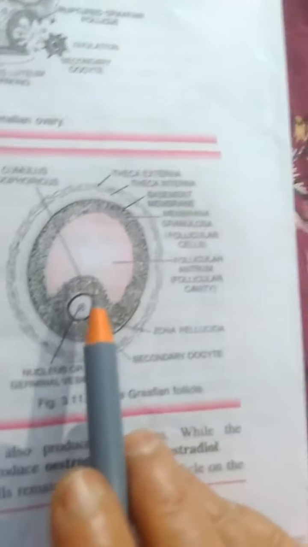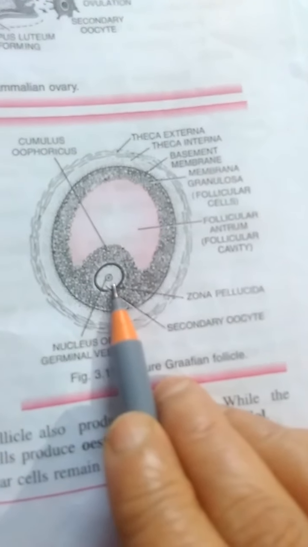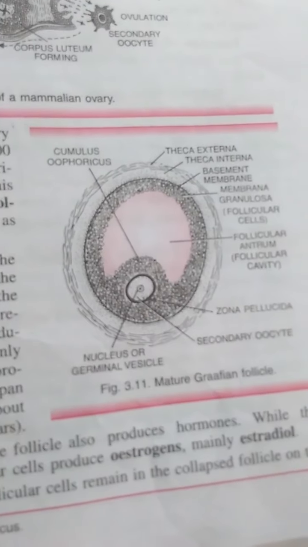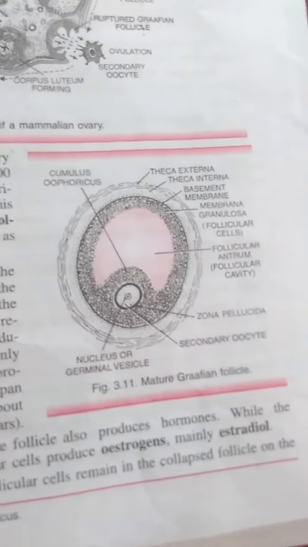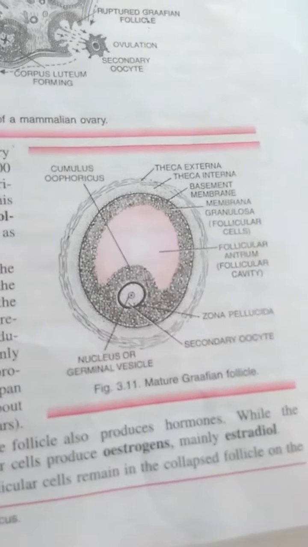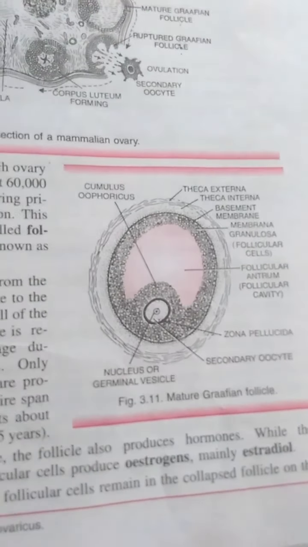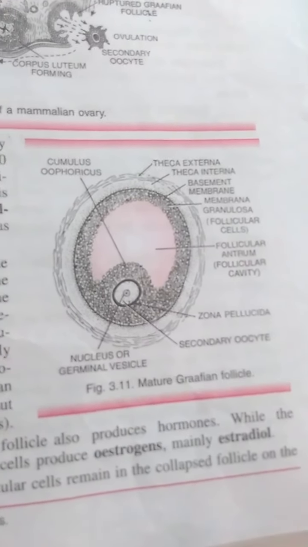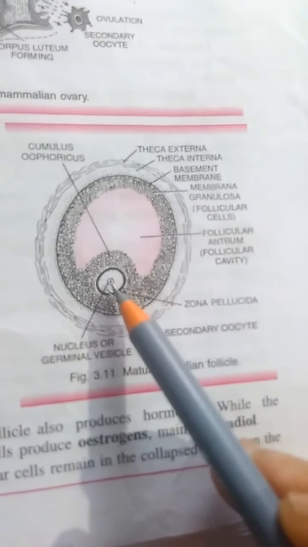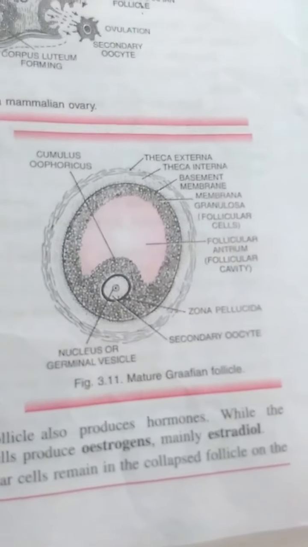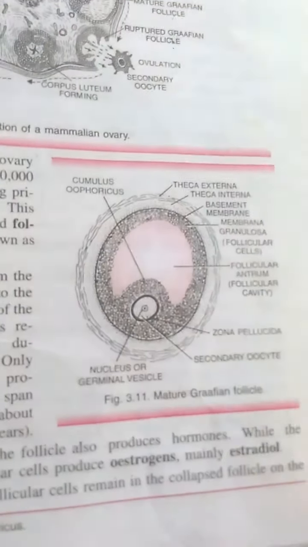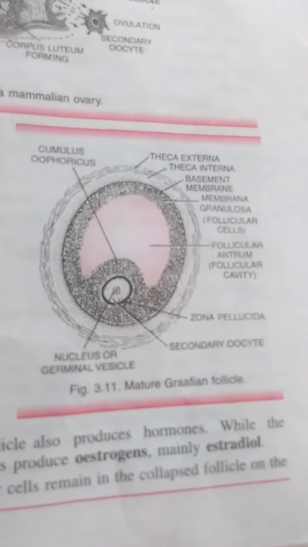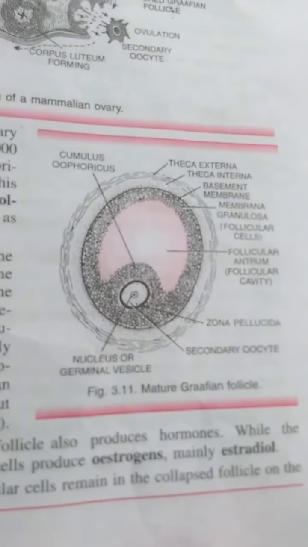And when a primary oocyte inside a tertiary follicle completes meiosis 1 and gets divided into two unequal structures, a large secondary oocyte and a polar body, then such a follicle which contains a secondary oocyte is called a mature follicle or a Graafian follicle, in honor of the scientist who studied this structure.